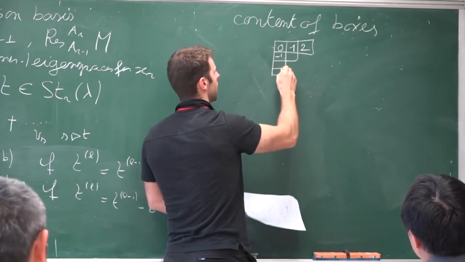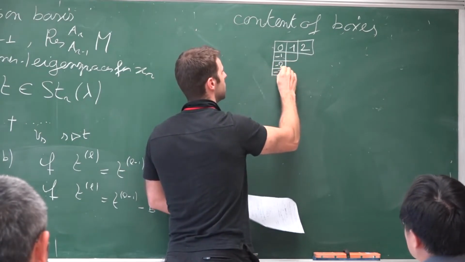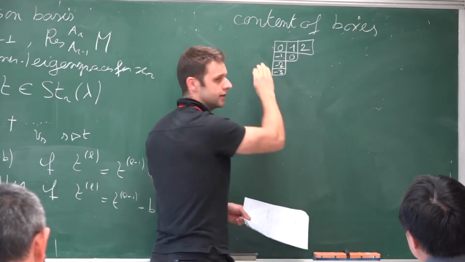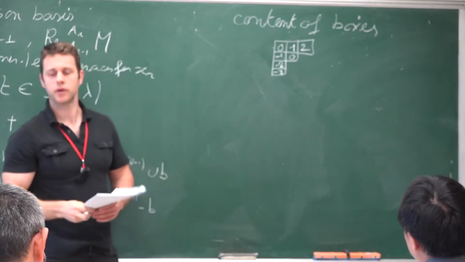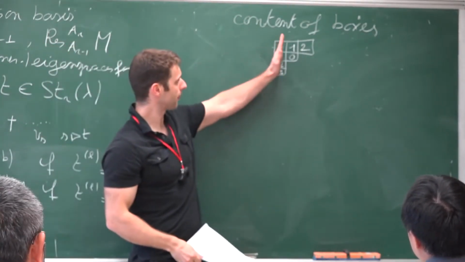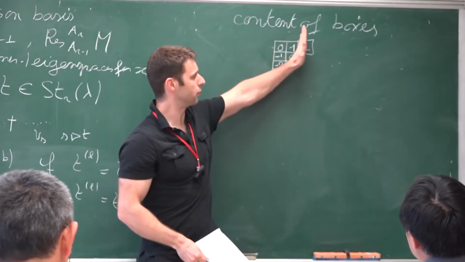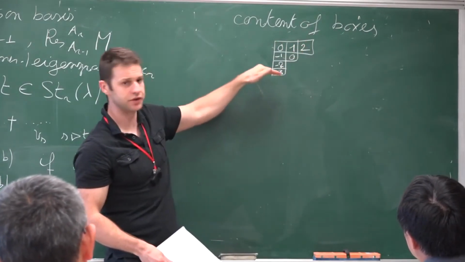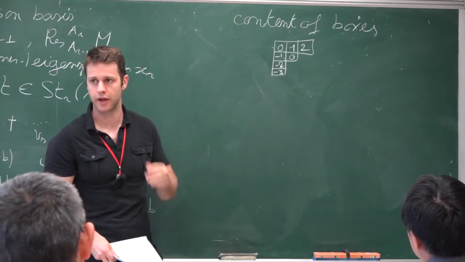When we go down, we subtract 1, so we get 0 here. It corresponds to the position in the rows minus the position in the columns that we get.